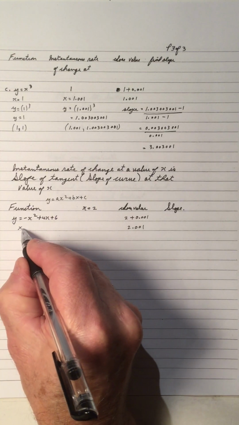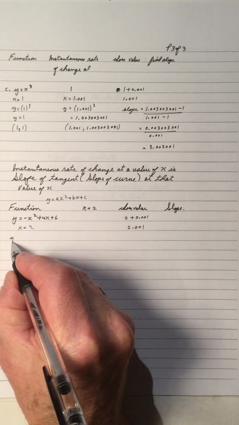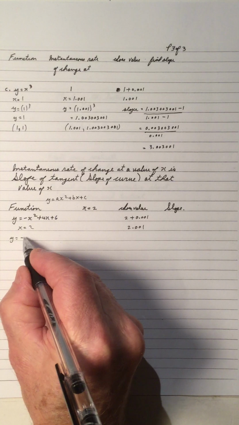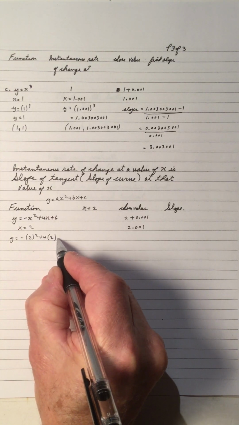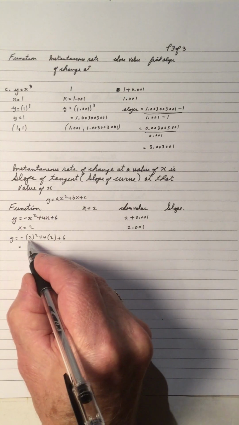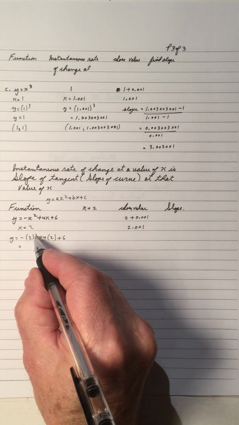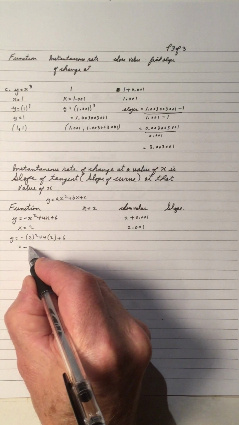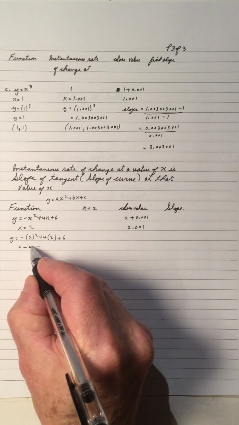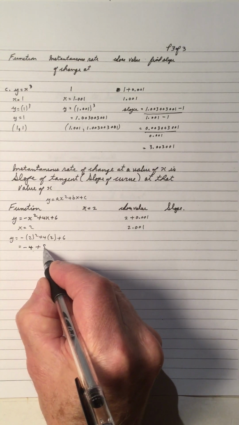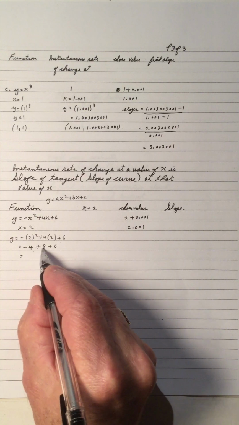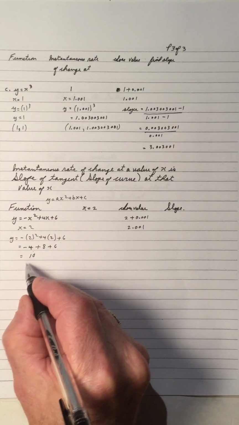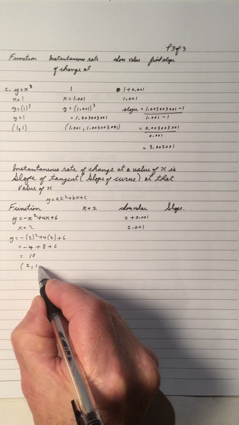At 2, we have to substitute 2 in for x. So it's negative 2 squared plus 4 times 2 plus 6. We square, we get 4, the negative of that, negative 4. 4 times 2 is 8, plus 6. Negative 4 plus 8 plus 6 is 10. So this point is (2, 10).